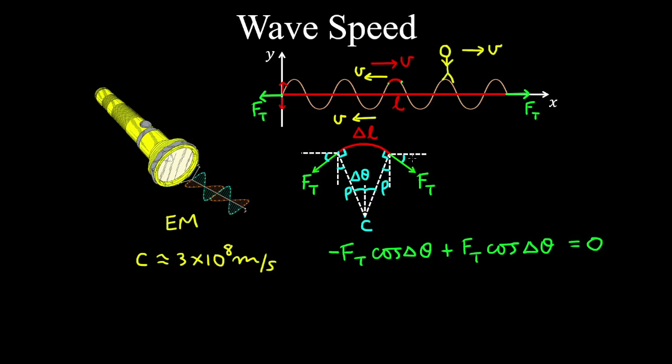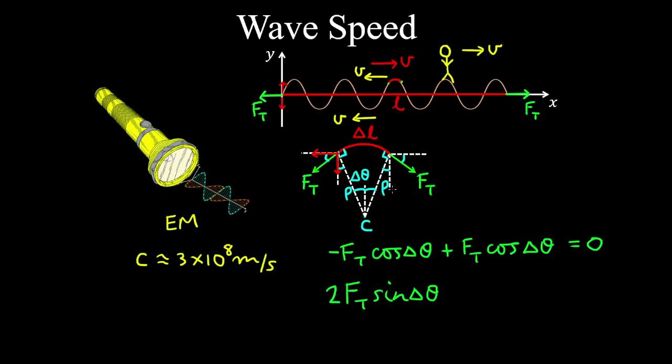And if we take a sum of forces in the vertical direction, note that this force, being tangent to the string at this point, is resolved into horizontal and vertical components. And same with the force on this side. So in the vertical direction, this component has a magnitude of Ft sine delta theta. And we have two components of force acting downwards, so we multiply by 2.